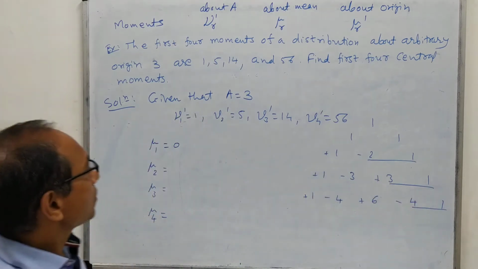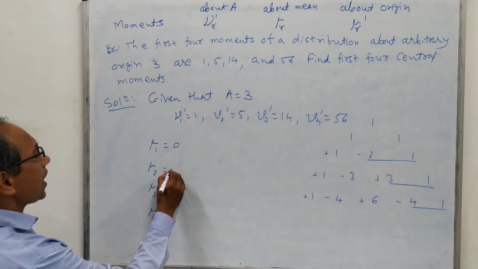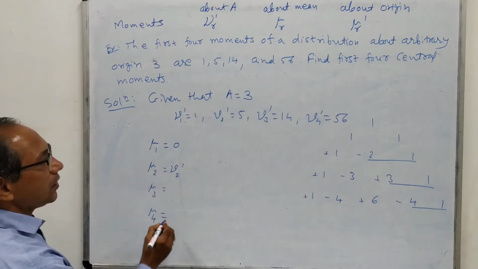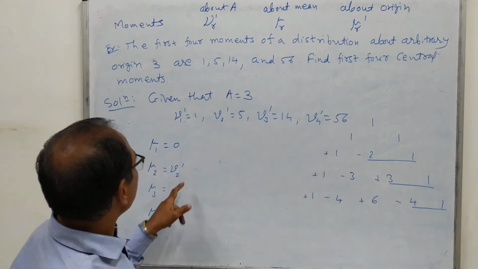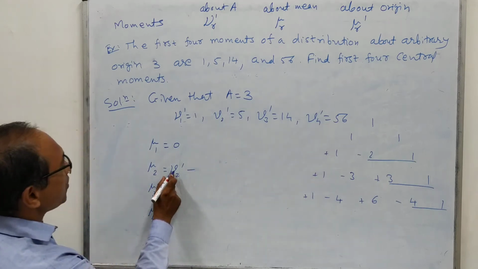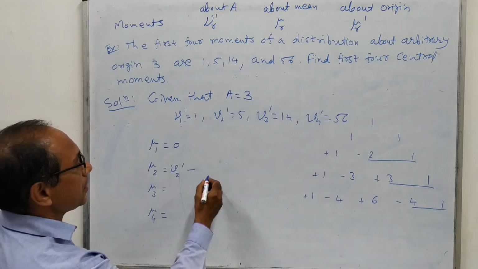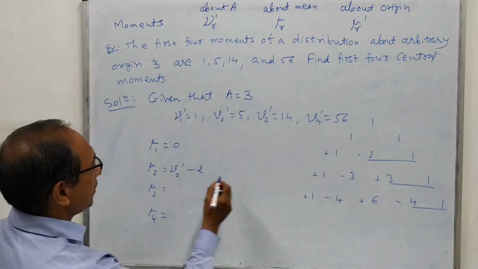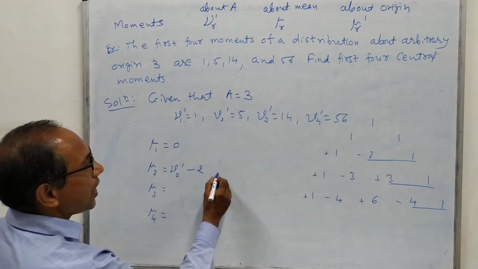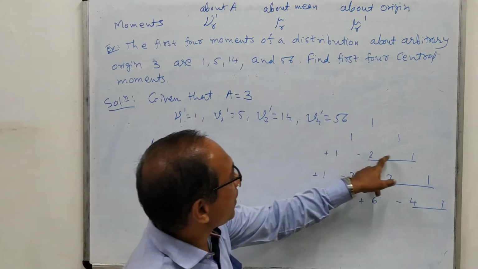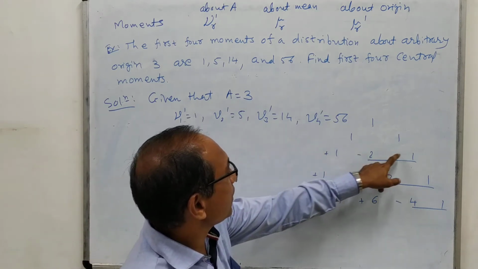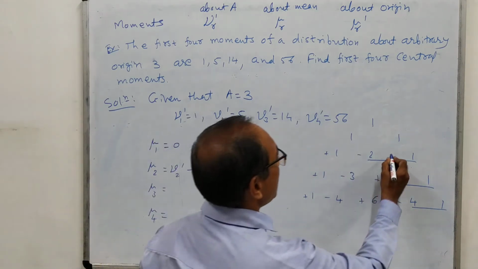Okay? So in mu 2 we will start with mu 2 dash. 1 into mu 2 dash, minus. Then the power of mu 2 dash will be decreasing. Minus 2, 2 is there. So it is the last term because 2 minus 1 is 1.